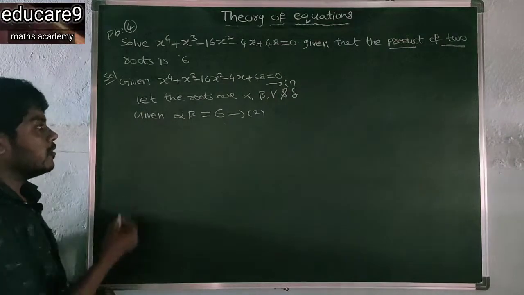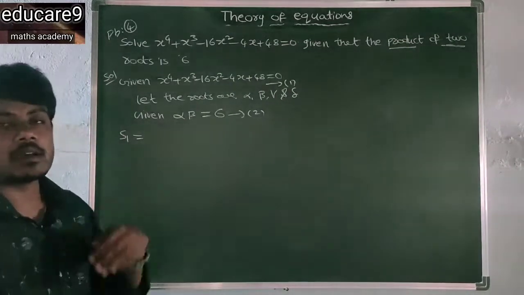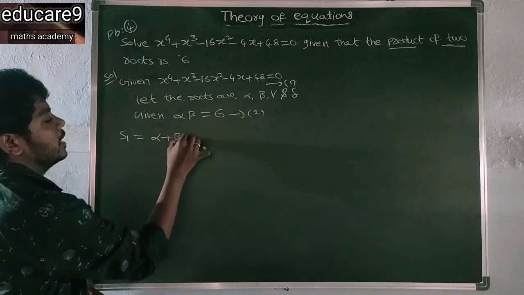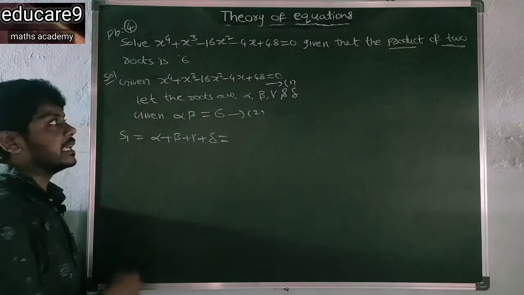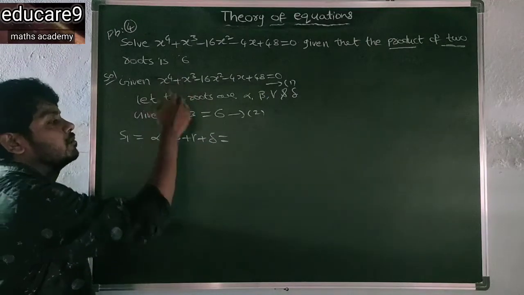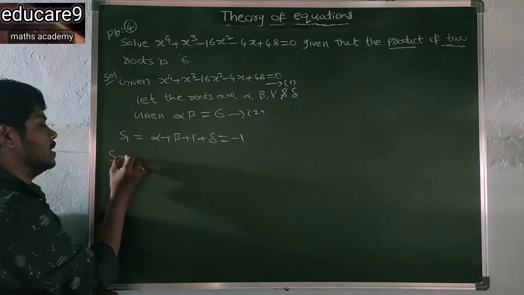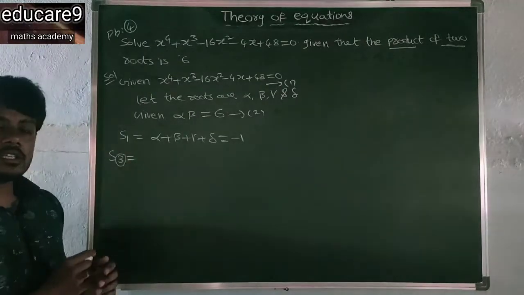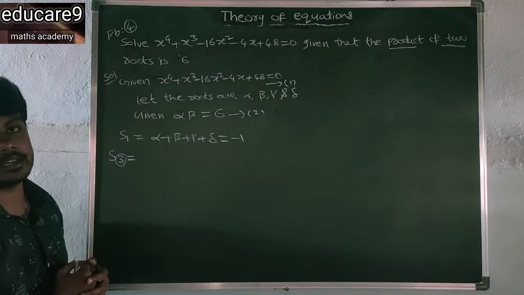Now find S1. So what is S1? The sum of all roots, that is alpha plus beta plus gamma plus delta. So that is minus a1 by a naught, that is minus 1 by 1, which is minus 1. And find S3, S suffix 3. So take the sum of products of 3 roots taken at a time.